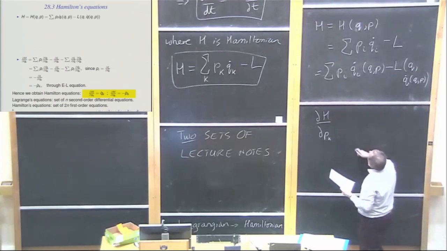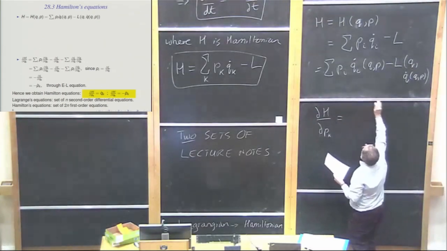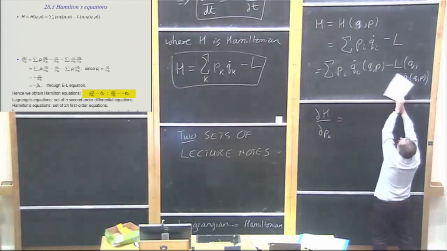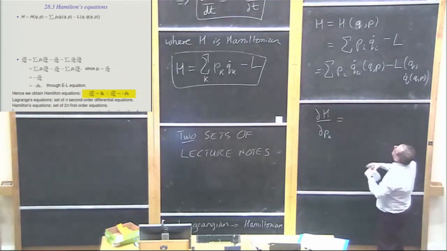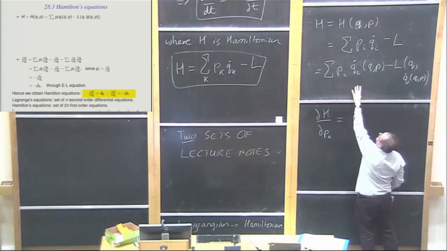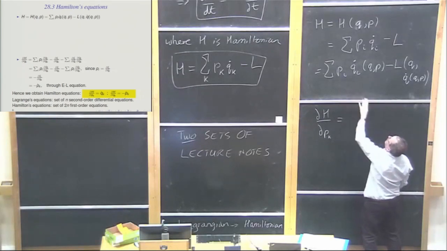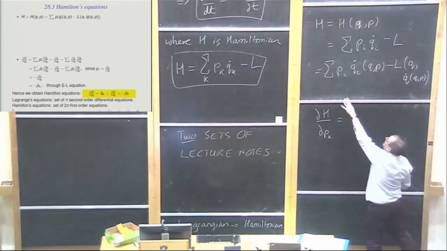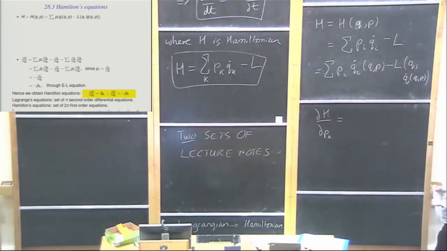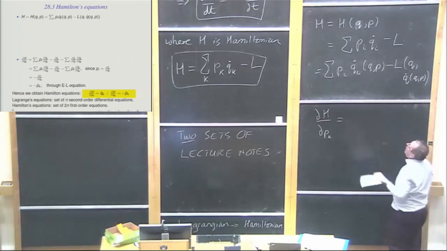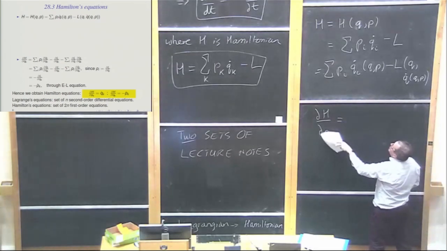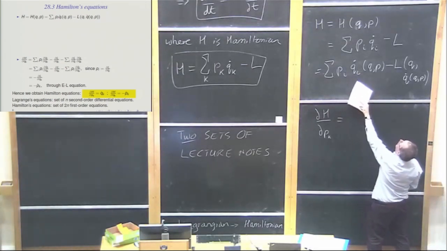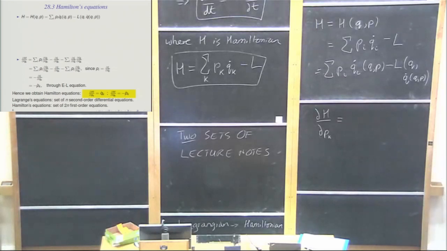Okay, so then what do I get? I operate on this thing here. Firstly with this term, it has two things contributing, p_i and q_i dot, and there's a sum over them. So firstly operating on the p_i, when i is equal to k, the differential will give me 1, and I'm just left with q_k dot.